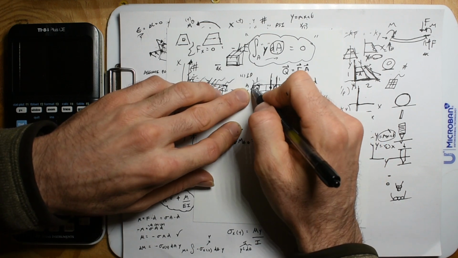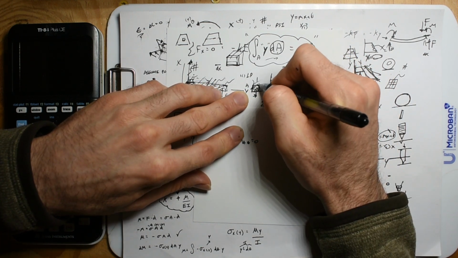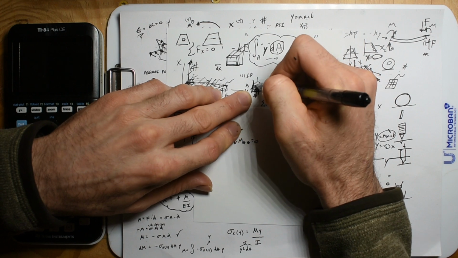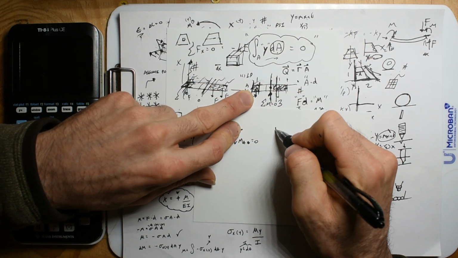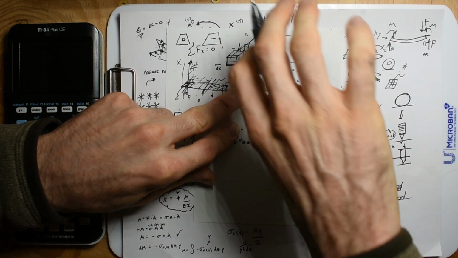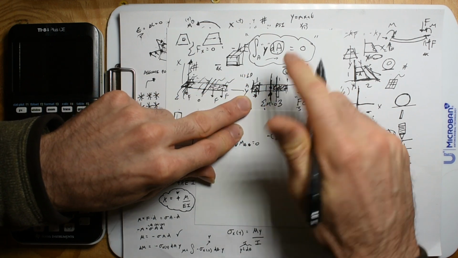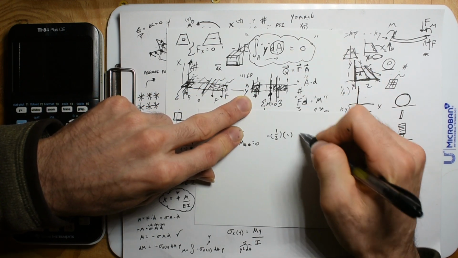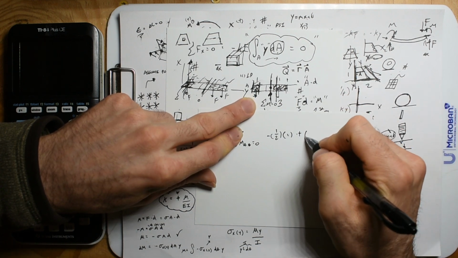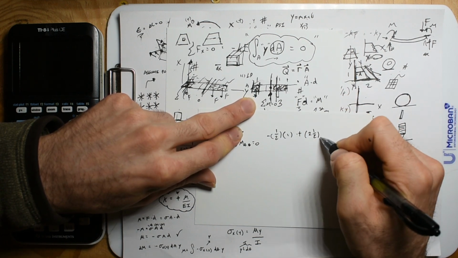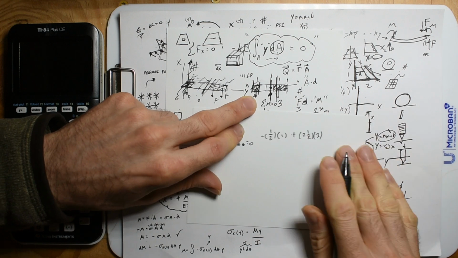And then I'm going to call these distances 1. So this is 1, so we have half of 1, a half. So this moment is going to be negative a half times 1. This is going to be 1, 2.5, plus 2.5 times 3.